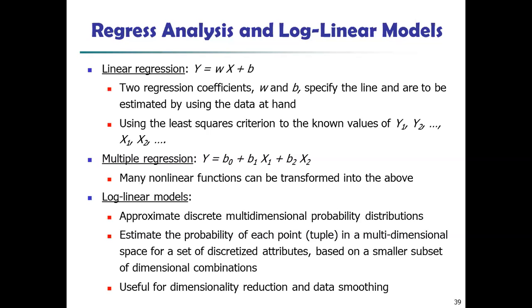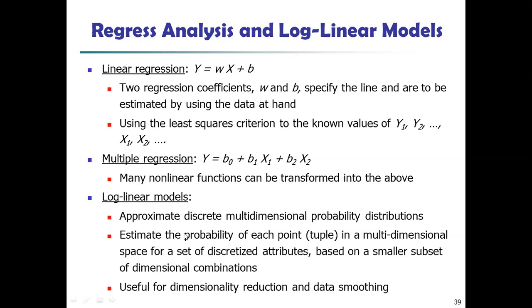And the second one is multiple regression. In multiple regression, the response depends on more than one variable. Y equals b0 plus b1 x1 plus b2 x2. Many nonlinear functions can be transformed into this form. So here the y value is depending on x1 and x2.